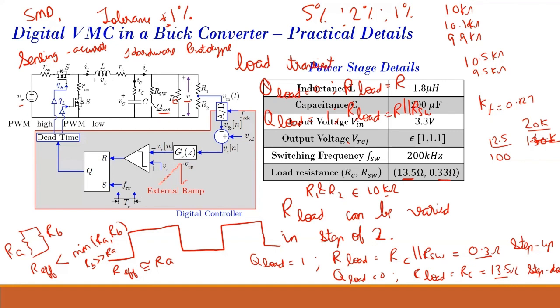There is some mathematics which says what the worst case scenario is. But when you're choosing the component, you should choose one with a tolerance of around plus or minus 1%, the lowest tolerance. It could be SMD or through hole, that is fine, but the tolerance should be low. That's better. But as the tolerance becomes lower, the cost also will increase.